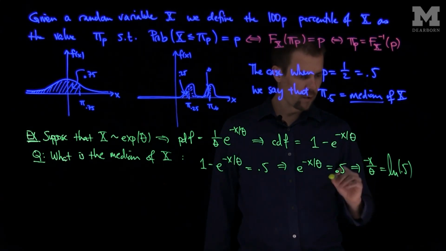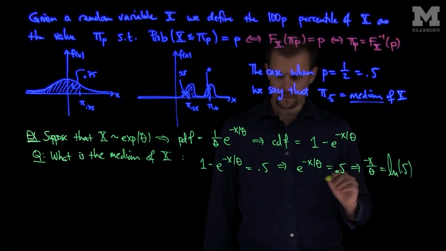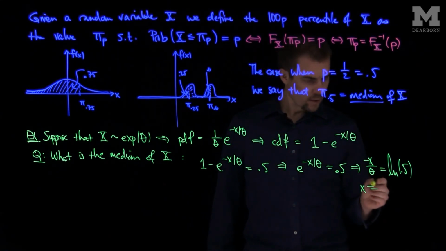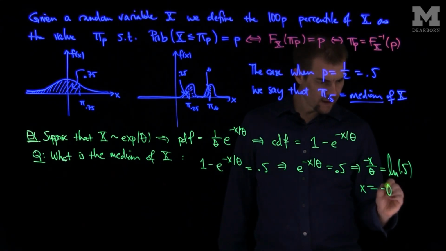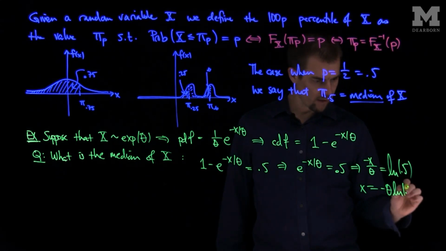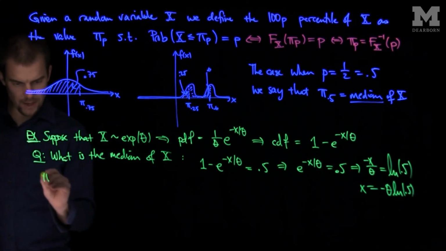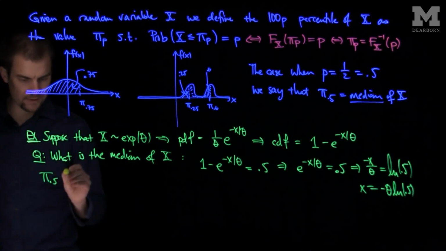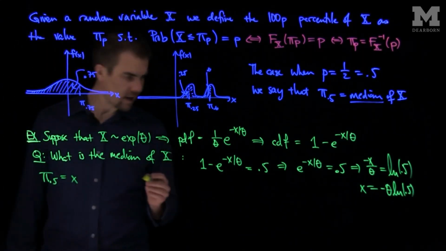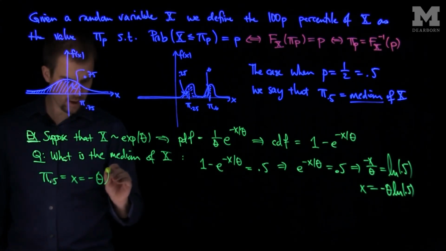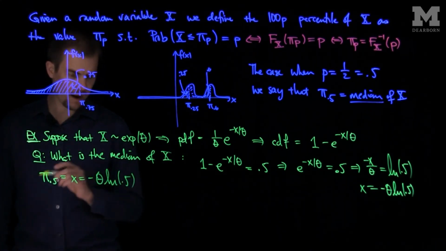And so we can find that x, the median, the solution of this, will be negative theta times the natural log of 0.5. So the median, pi sub 0.5, is this value of x: negative theta times the natural log of 0.5.